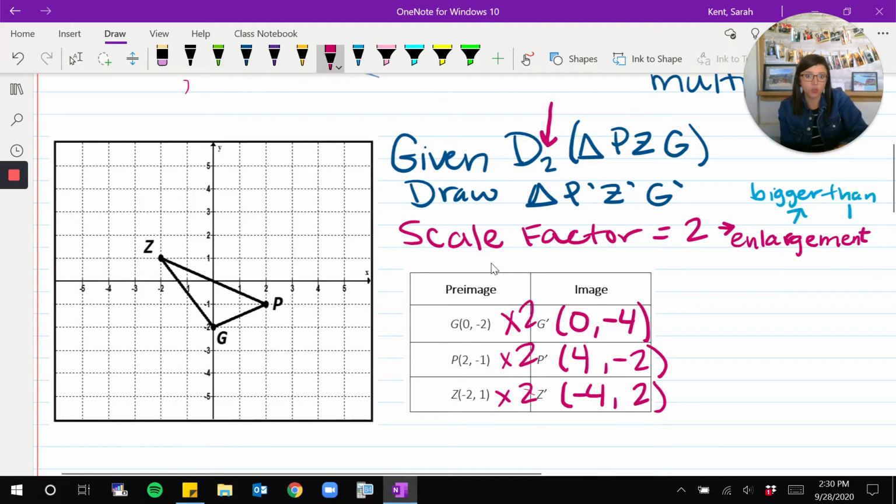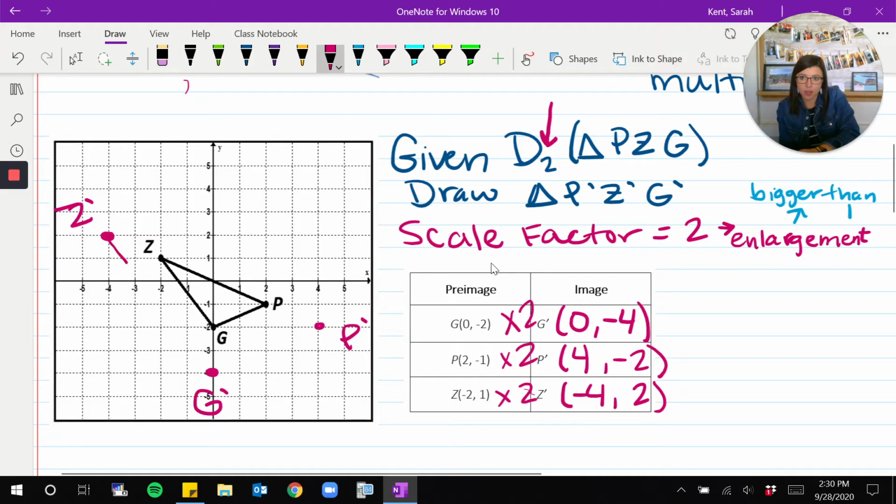So when I go to draw these, for G prime, my new G, I'll go to 0 and then down to negative 4. Then P prime, I'd go over 4, down 2. And for Z prime, I'm going to go back 4, up 2. That would be my Z prime.